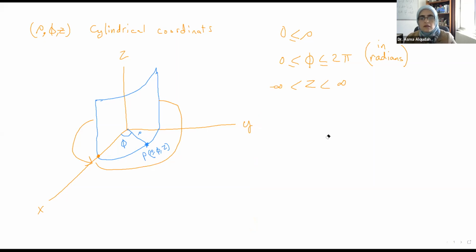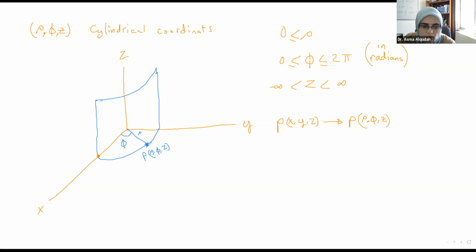Let's use this diagram to derive the transformations between the Cartesian and cylindrical systems. So we start with a point P in the Cartesian system with its components being x, y, and z. And we want to transform this point into its equivalent in the cylindrical system, so P in rho, phi, and z.